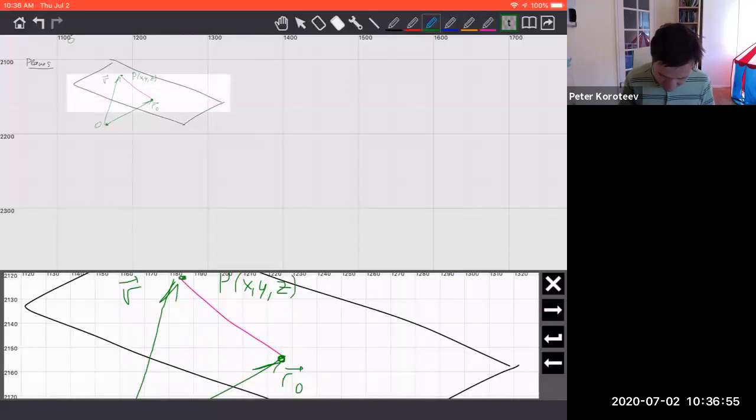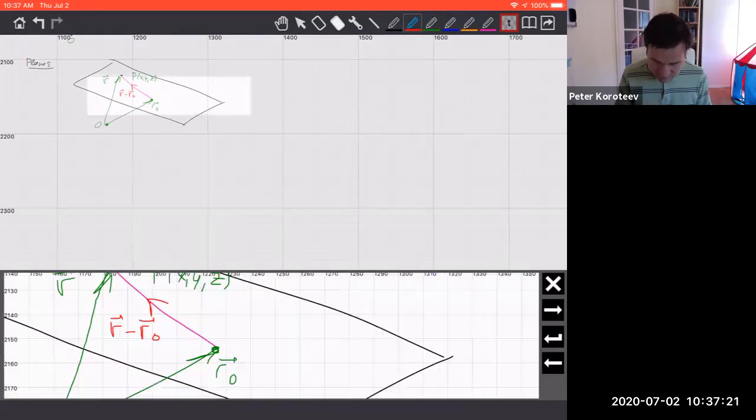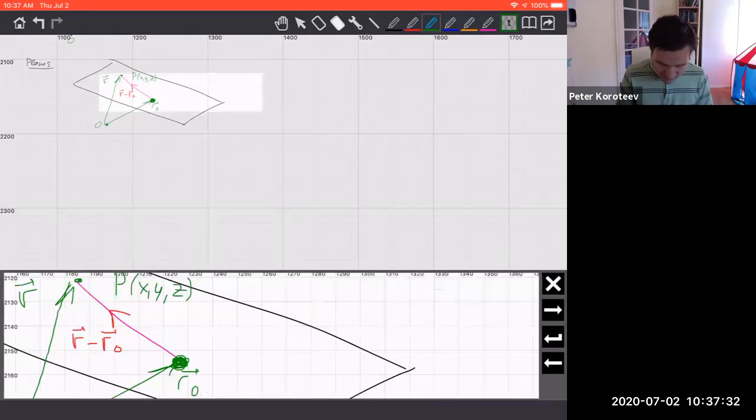So we have arbitrarily chosen two points on the plane and connected them with a piece of straight line. This vector here is R minus R0. I just put the arrow in the middle so it's easy to see. To describe the plane in three dimensions, it suffices to pick a point where it's anchored, let's say R0, and the vector which is orthogonal to the plane, in other words normal.